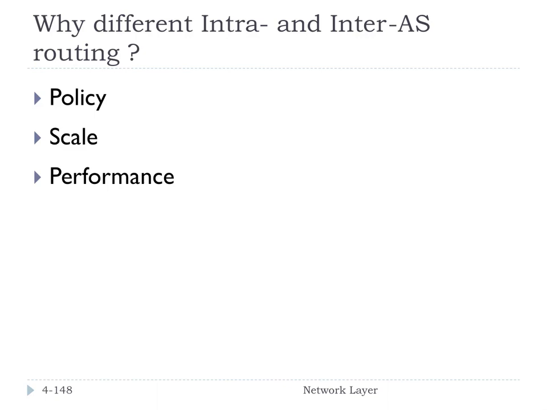When we're routing between autonomous systems, what may be more important than performance? It's a word that's on the screen. Policy. So it's not just about how fast can I do this, but has this organization paid me money to route for them? Because I'm not going to do that if they don't pay me.